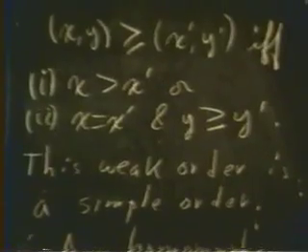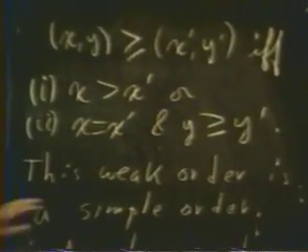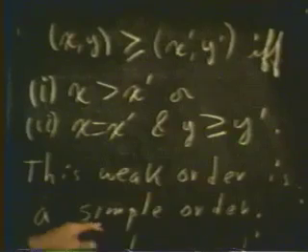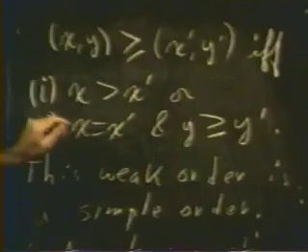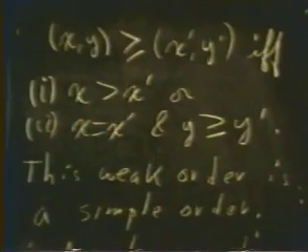Now, it's apparent at once that this weak order is a simple order because we have the antisymmetric property, as we'd expect in this sort of numerical representation of a Cartesian plane.